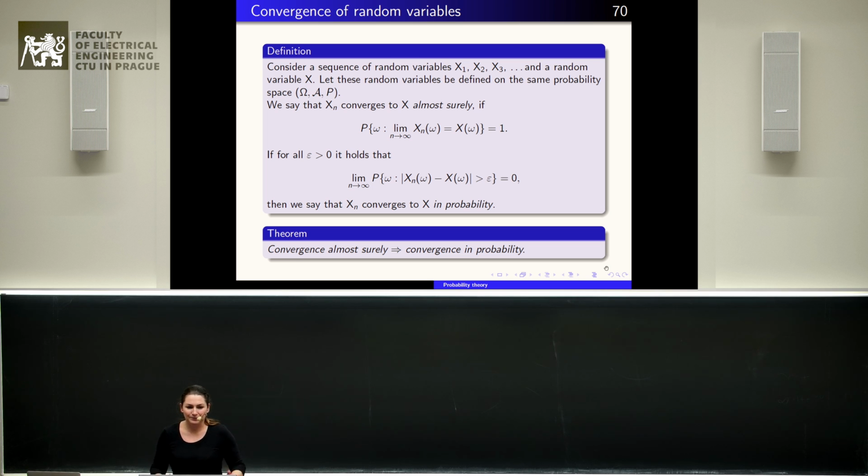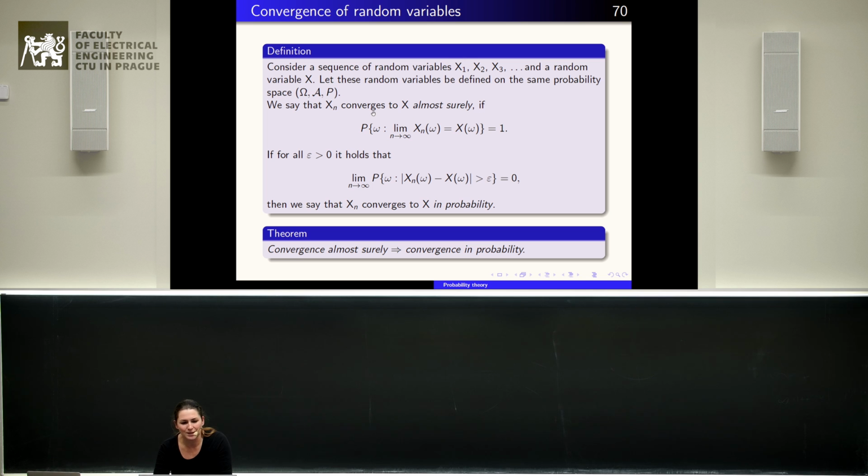So, when we speak about convergence of random variables, we can consider either the convergence almost surely, which means that the probability that the random numbers themselves converge is equal to 1.